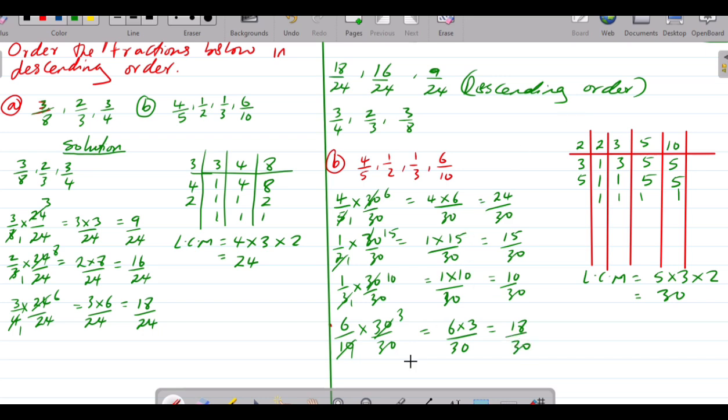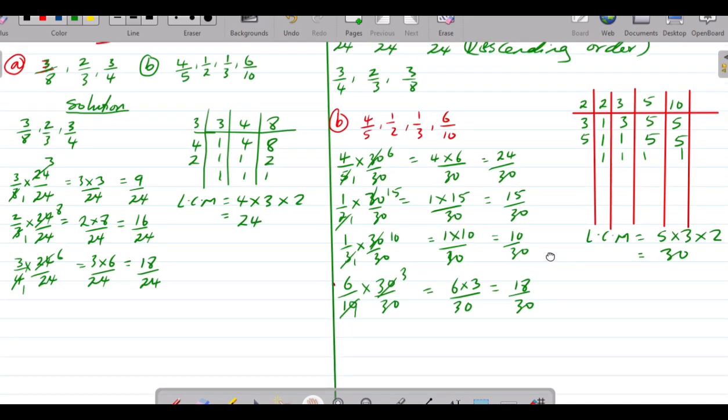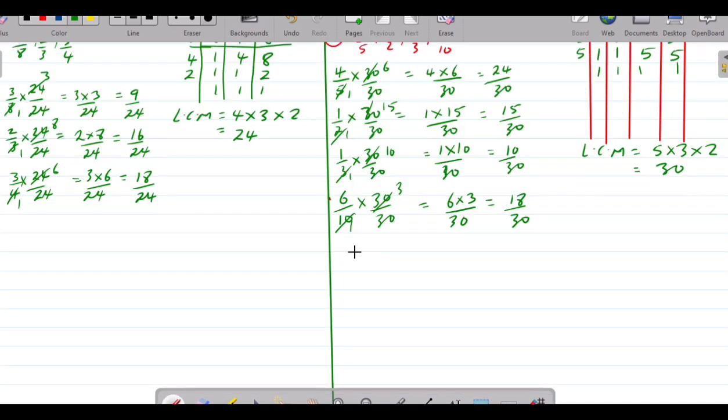Now the next thing we need to do is to order these fractions given here. Since we have made the fractions equivalent fractions, the next thing we need to do is to order the fractions accordingly. So taking a look at these fractions here, the highest number here is 24, so we start with 24 over 30, followed by 18 over 30, followed by 15 over 30, and we have 10 over 30.